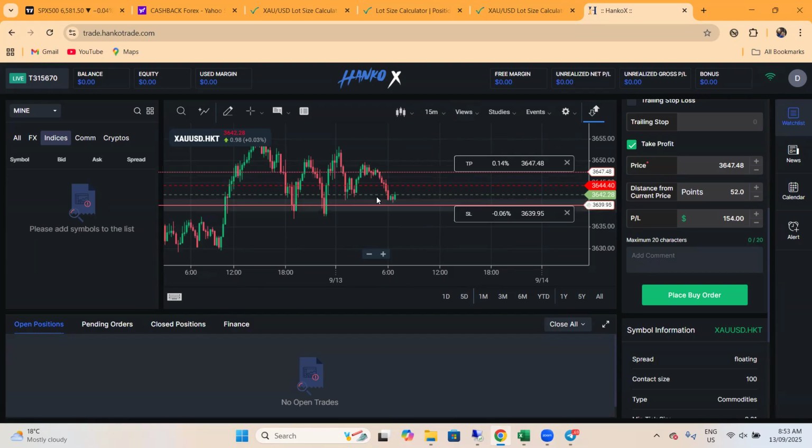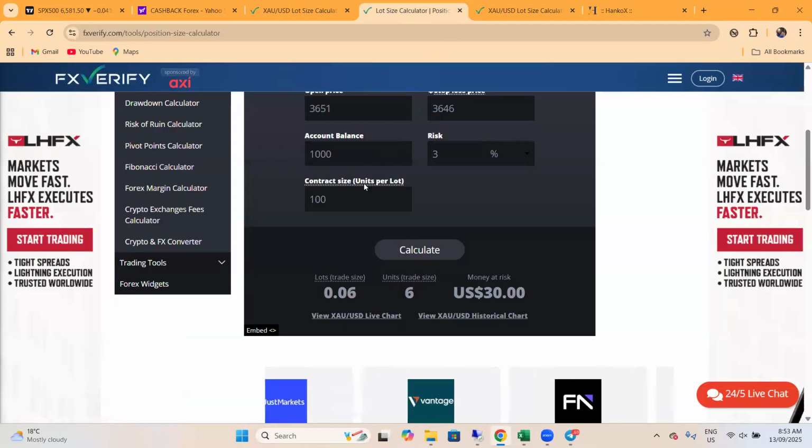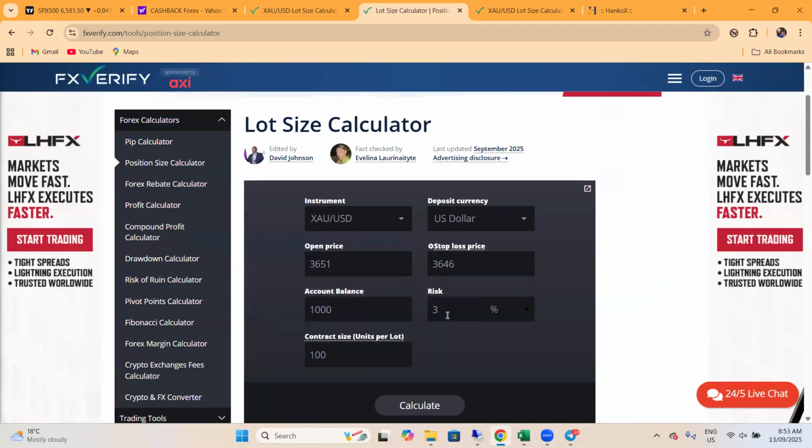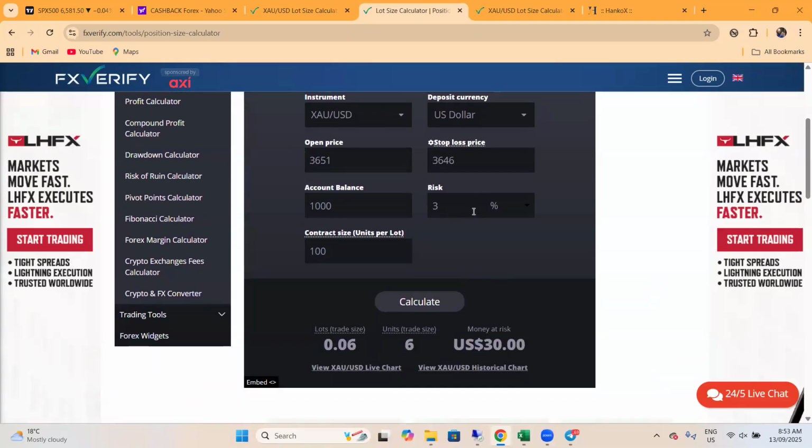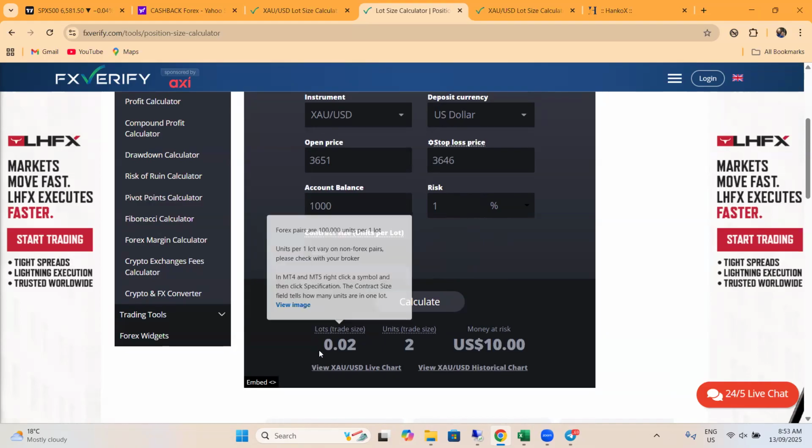So just do TP1. But I will go over just right now, right? If you're risking 3%, right, and you want to put in to take TP3, right, you would just divide it by 3, and it gives you your lot size.